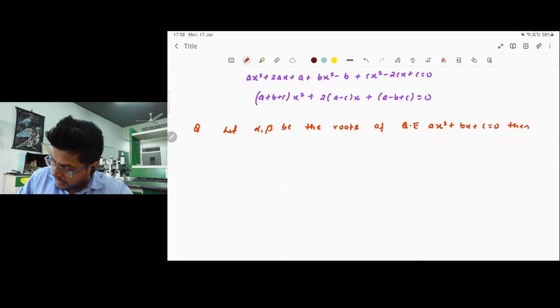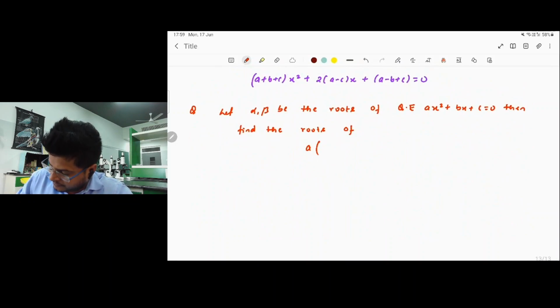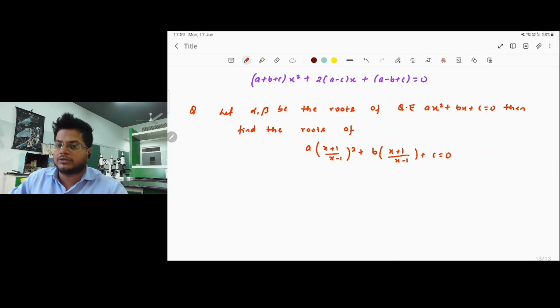Then find the roots of a times x plus 1 by x minus 1 whole square plus b times x plus 1 by x minus 1 and plus c equals 0.